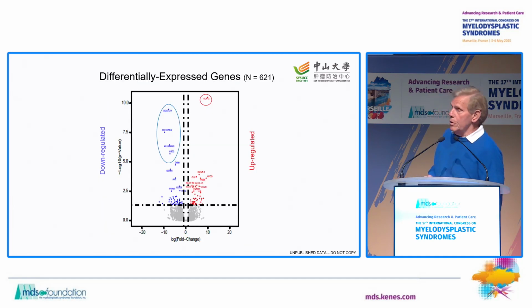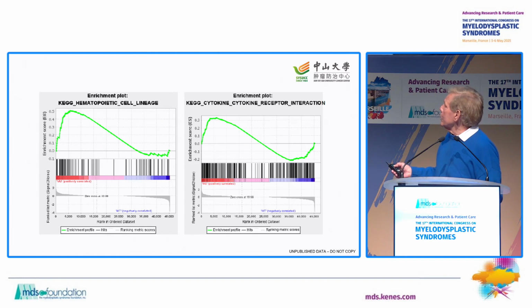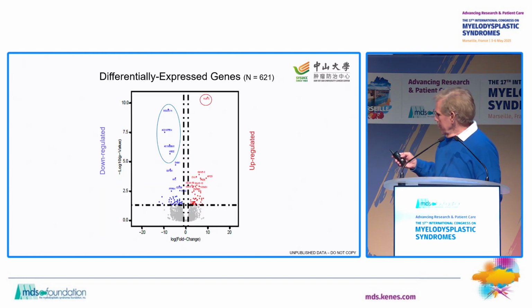And when we look at differentially expressed genes between these two cohorts, we identified 621 differentially expressed genes. These are the most downregulated genes. These are the most upregulated genes.